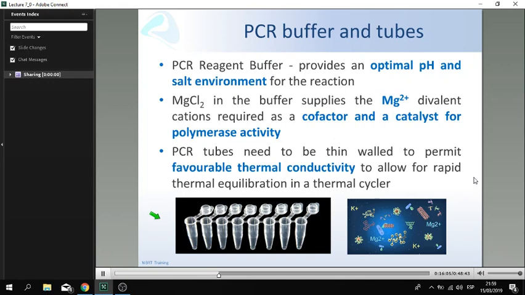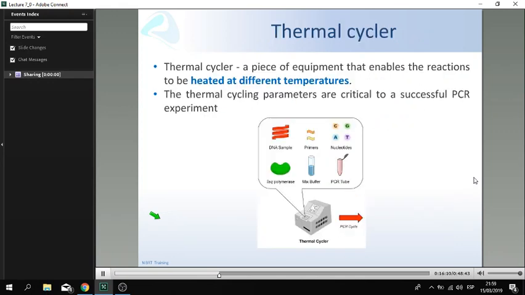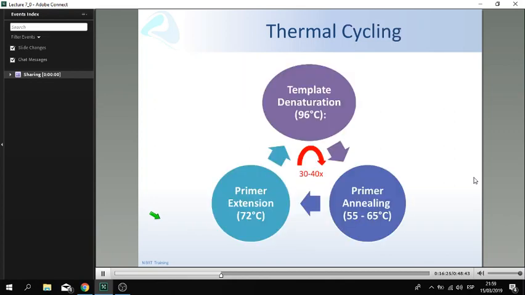It allows whatever is in the tube to be heated and cooled down rapidly in a thermal cycle. Then everything is put in a thermal cycler, a piece of equipment that enables the reaction to be heated at different temperatures that are critical for successful experiments. We'll talk about those.